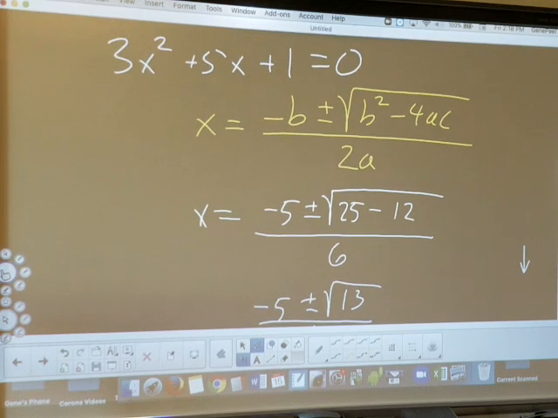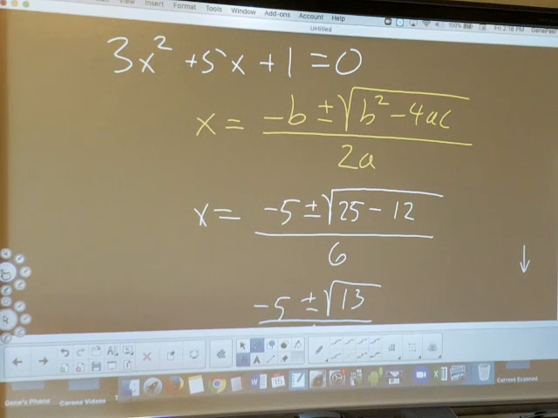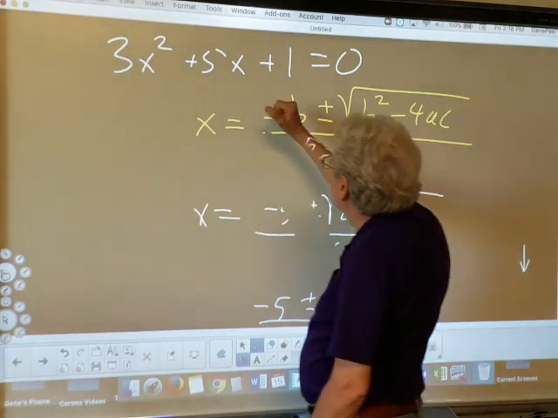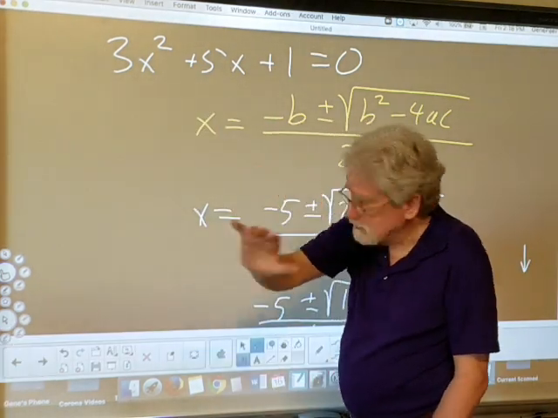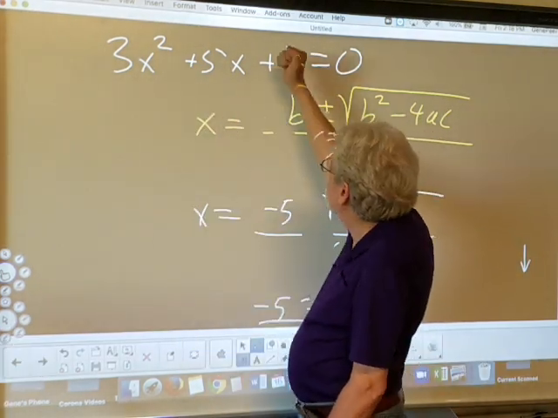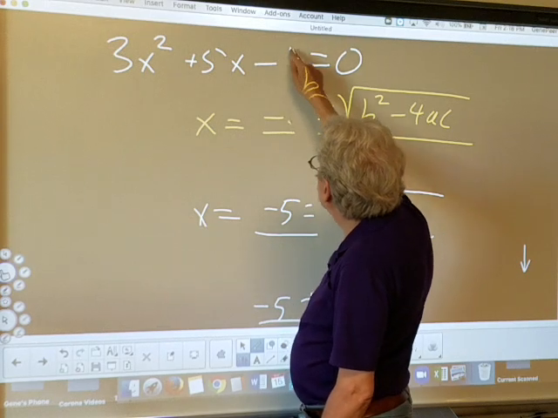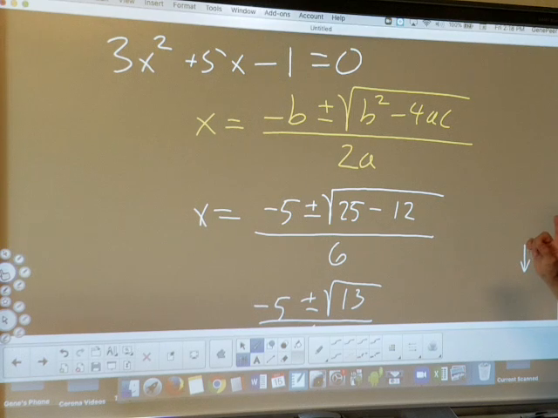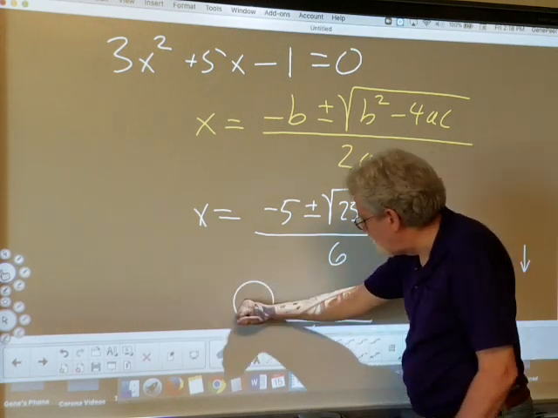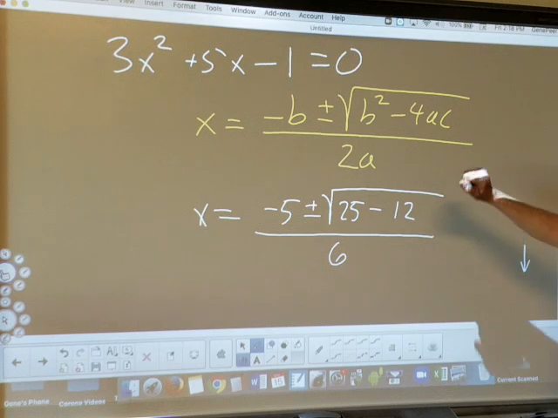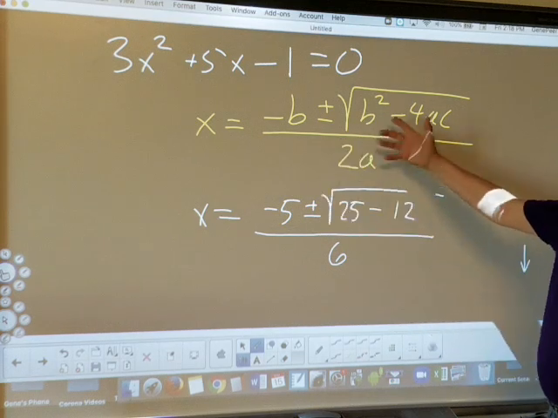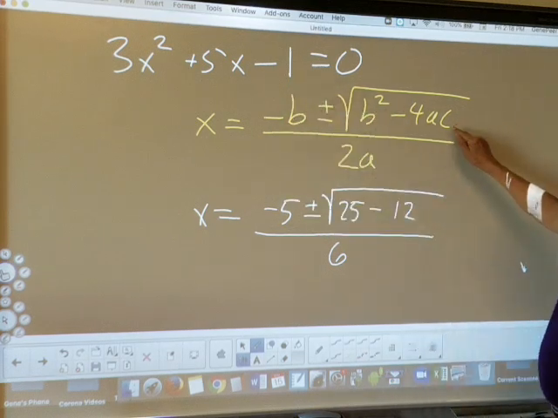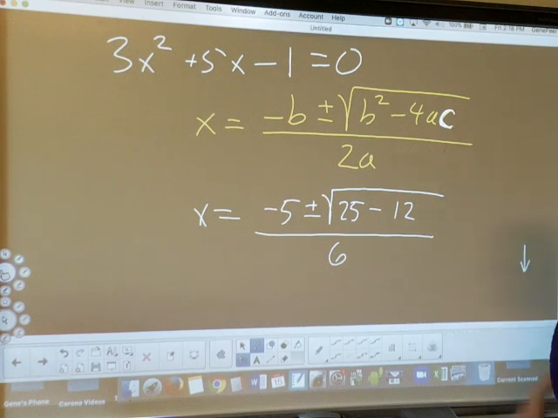Okay, there was something that shot through my mind. Oh yes, a possible complication. Suppose we had, I'm changing it now, an example that had, instead of a +1, a -1. What would the difference be? There'd be one and only one small difference. The only place where c shows up is right there.